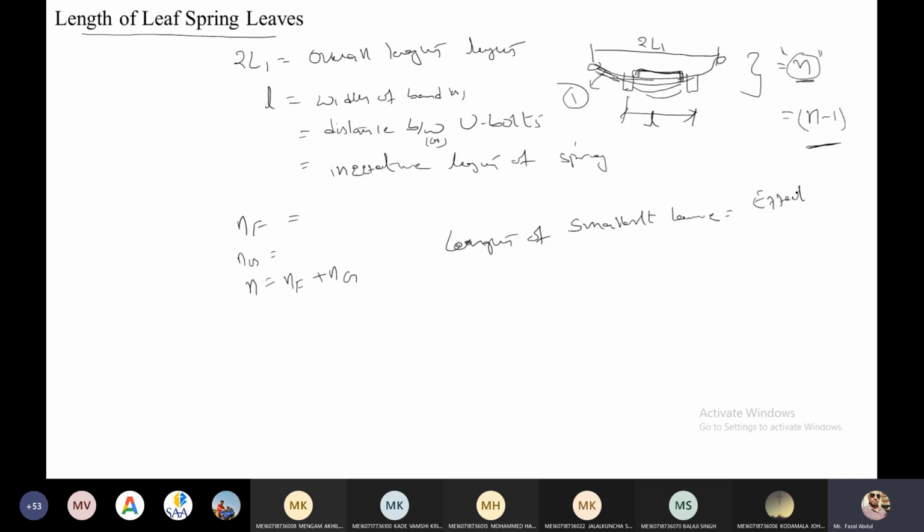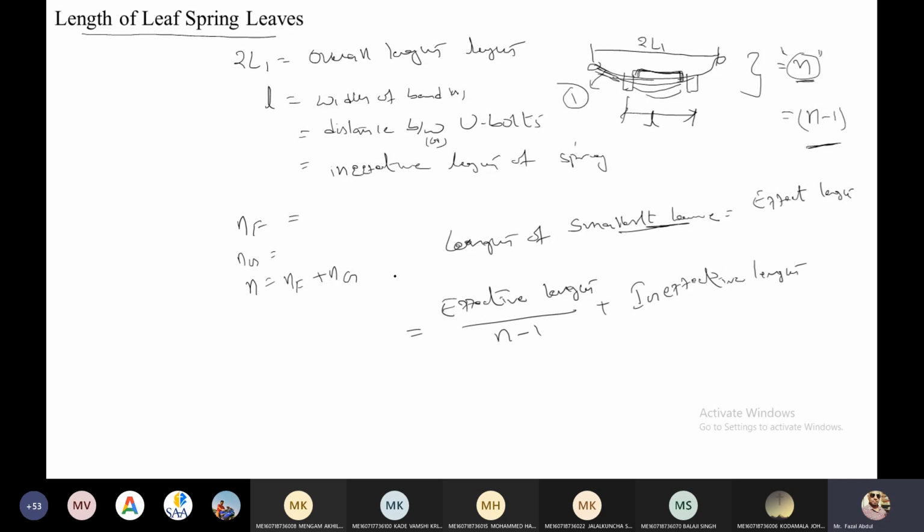This equation you write down in your notes: effective length by n minus 1 plus ineffective length. This is the equation for the length of the smallest leaf.